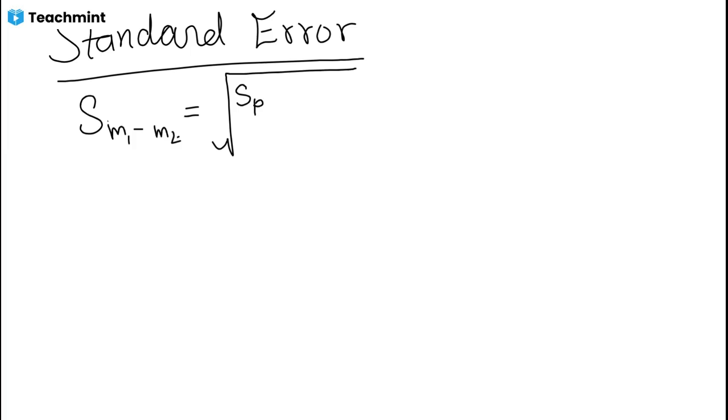And this is Sp squared for the first data, meaning the pooled variance for the first sample, and this is for the second. You can use the pooled variance and the sample size of each data, and this is the same because we find the pooled variance for the two data sets.